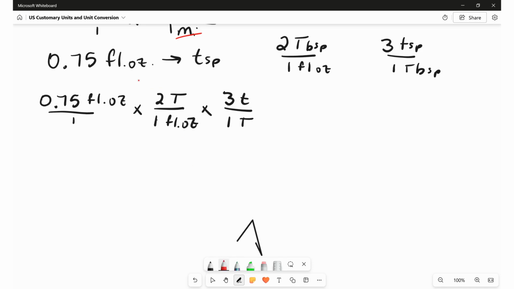The reason is that this fluid ounce will cancel this one, and this tablespoon will cancel this tablespoon. Then we are left with 4.5 teaspoons.